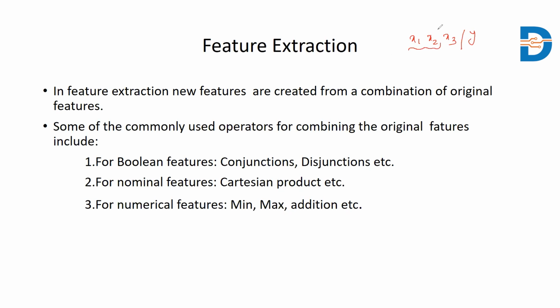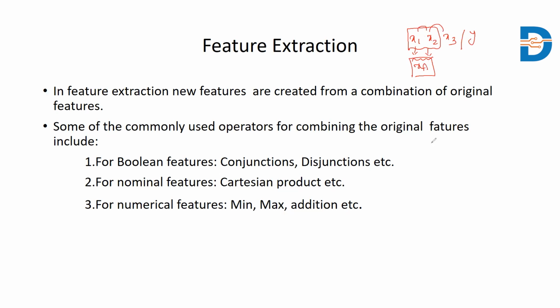Suppose I have two features, x1 and x2. With the help of these two input features, I can create a new feature. So what is happening here? Instead of considering 3, we are considering 2.